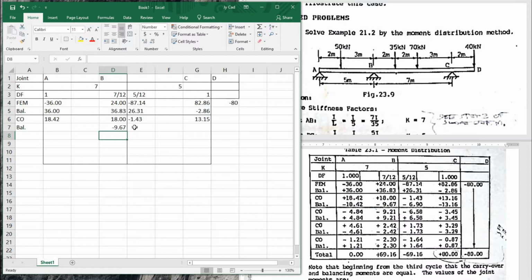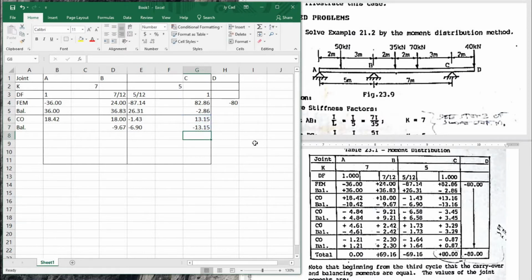Yan. Ganon din dito sa kabila. Equal sign, negative, open, 18 plus negative 1.43 times 5 over 12. And then here, that is again simply the negative of the moment above.